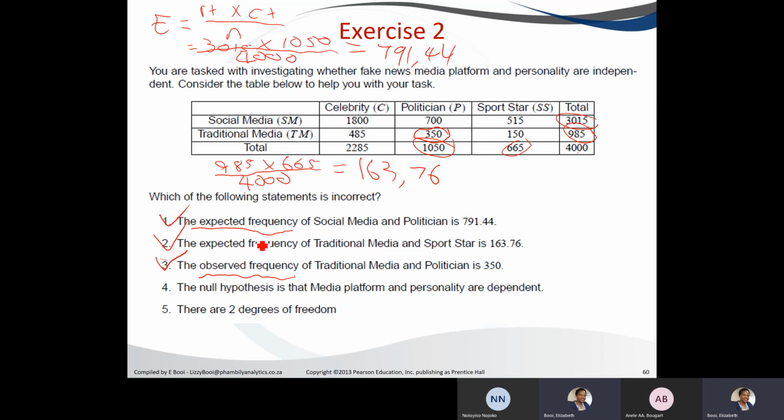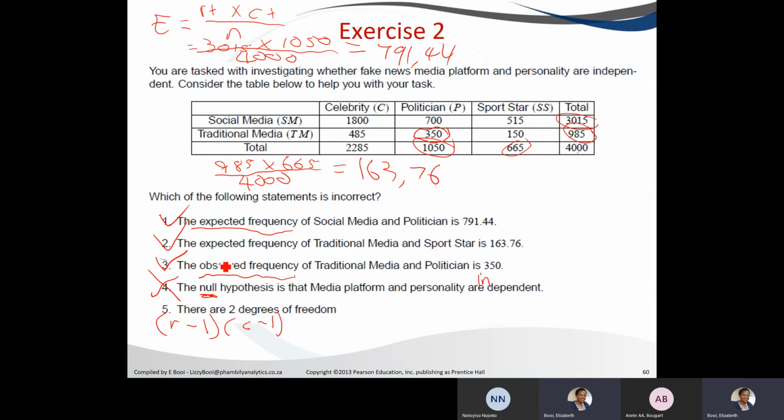The null hypothesis is that the media platforms and personality are dependent. We always know that in the null hypothesis, it should say they are independent. So this is the incorrect one. Our degrees of freedom, number of rows minus 1 times number of columns minus 1.